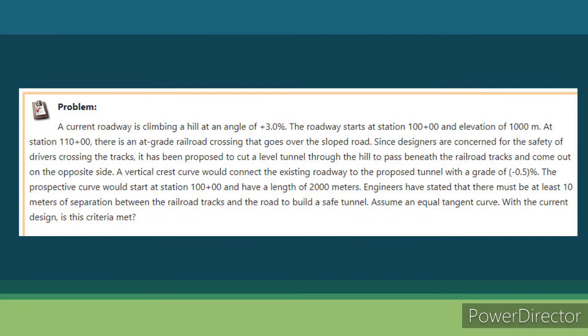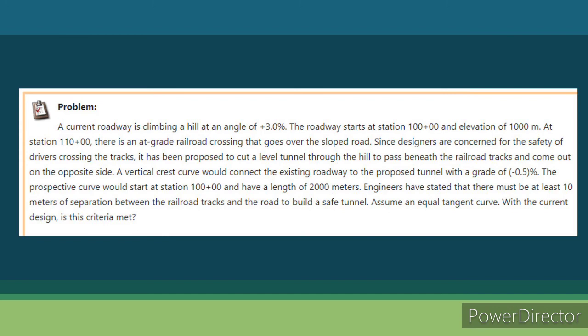For the last problem, a current road is climbing a hill at a grade of 3%. The road starts at station 100 at an elevation of 1000 meters. At station 110, there is an at-grade railroad crossing that goes over the sloped road. Since designers are concerned for the safety of drivers crossing the tracks, it has been proposed to cut a level tunnel through the hill to pass beneath the railroad tracks and come out on the opposite side.